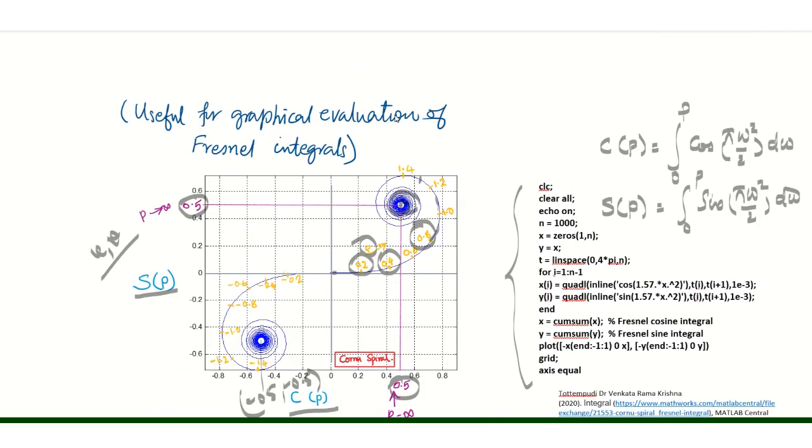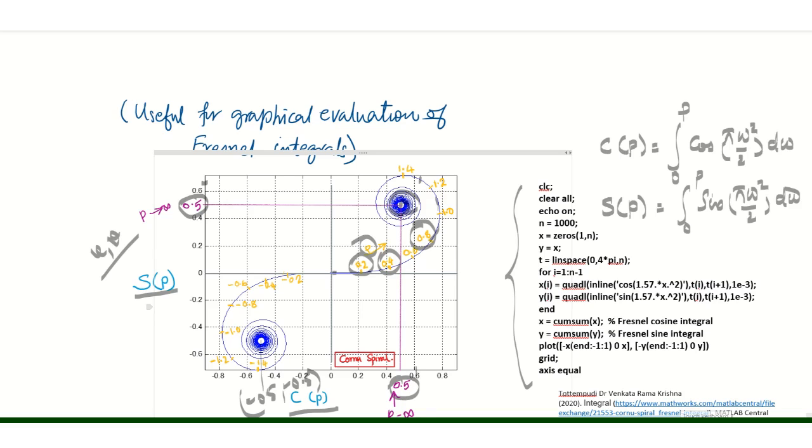The value of SP will be 0.65 and here we have roughly 0.62, something like that. You need to understand this concept, then it's easier.